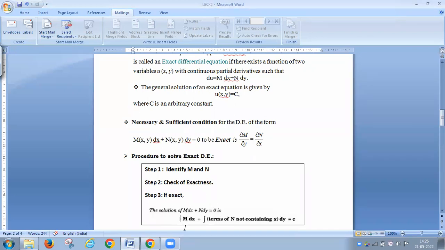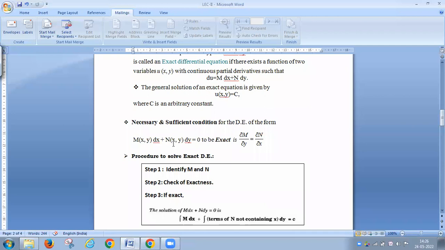If the differential equation is exact, then the general solution is given by integral m dx, that is, we integrate m with respect to x, plus the integral of terms in n not containing x.